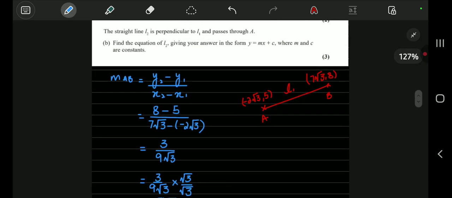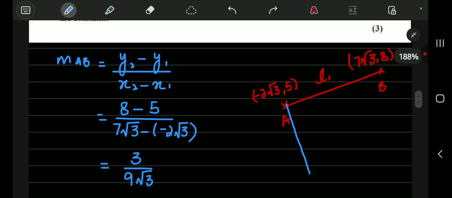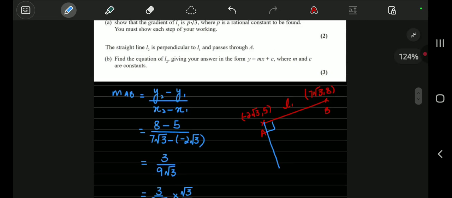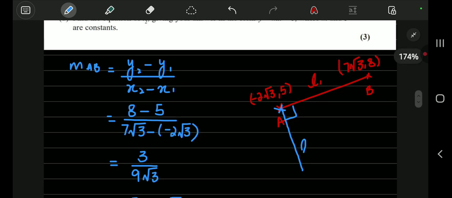They are telling you that there is some line that is perpendicular to L1, that is like this at 90 degrees, and that is passing through A. That is why I haven't made it here or here, but I made it here because it is also passing through A as well and at 90 degrees. So this is your L2.